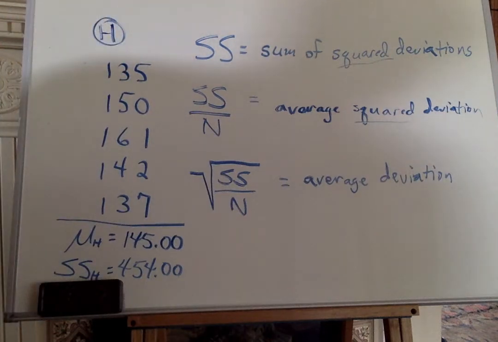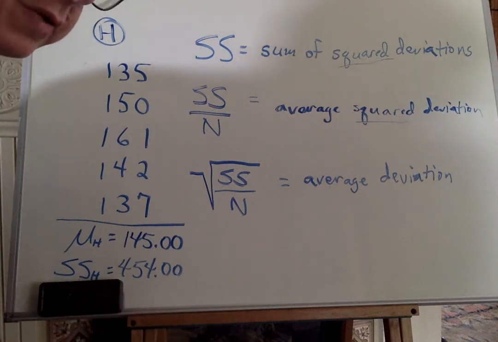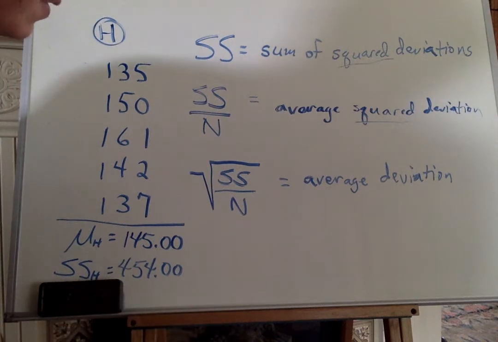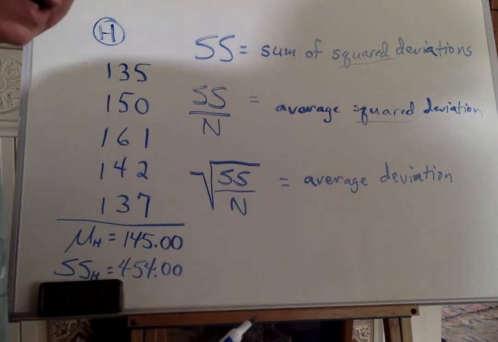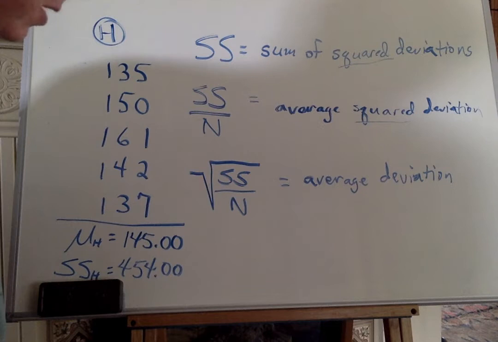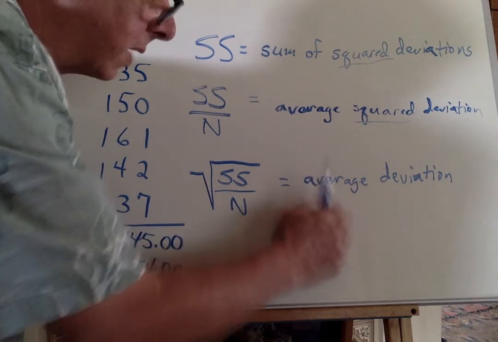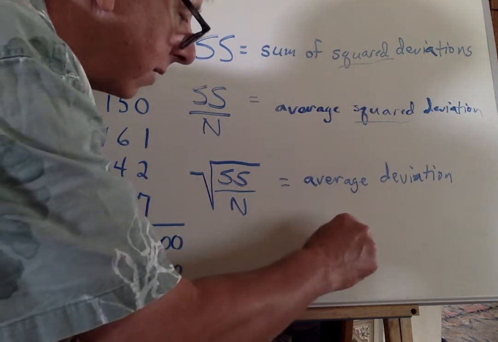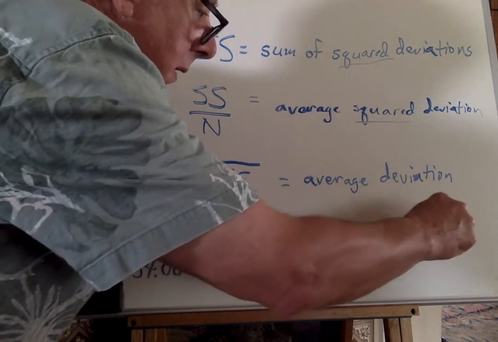In fact, it's an extremely important video today, because average deviation, and I don't know where this started, I suppose I could look it up in the history of stats, but we have a special name for this, and it's called the standard deviation.